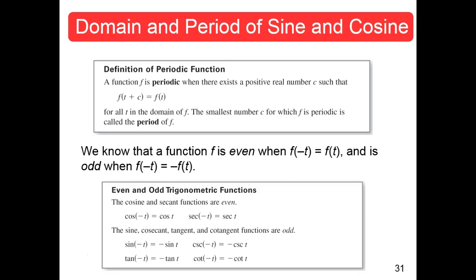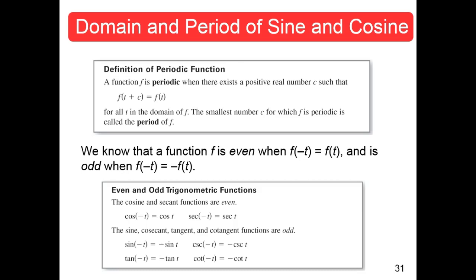A function f is periodic when there exists some positive real number c such that f of t plus c is always the same as f of t, for every value t. The smallest number c for which f is periodic is called the period.